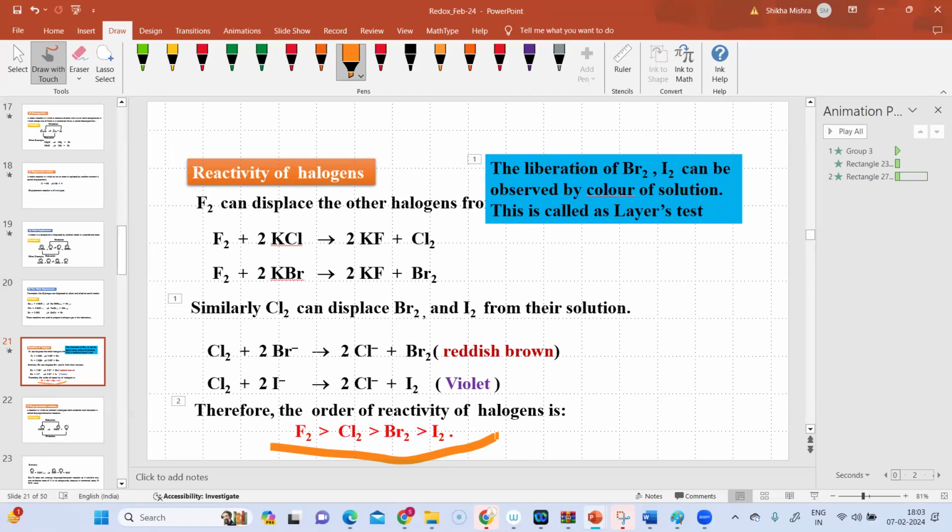Like bromine is a reddish brown colored gas, or a liquid it can be, and iodine is violet colored, right? The order of reactivity of halogens, as I have already told you. Like we have in metals, a more reactive metal displaces the less reactive metal. Similarly, a more reactive non-metal will displace a less reactive non-metal from its salts.